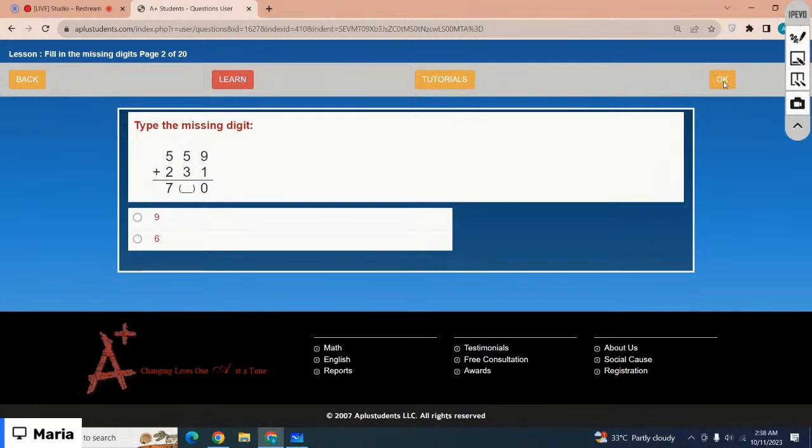A? Yes, that would be 9. You have one of the carry also. So 5 and 3, 8 and 1, 9. That would be 9.